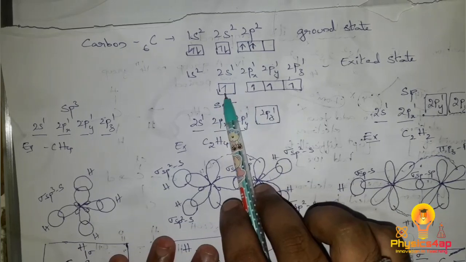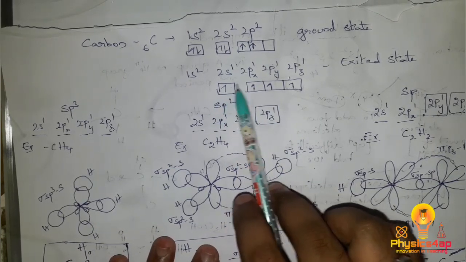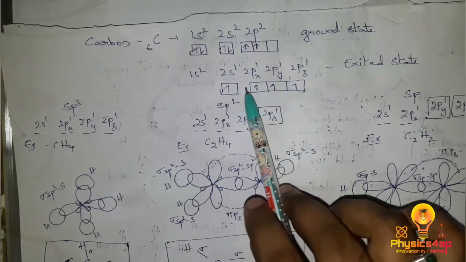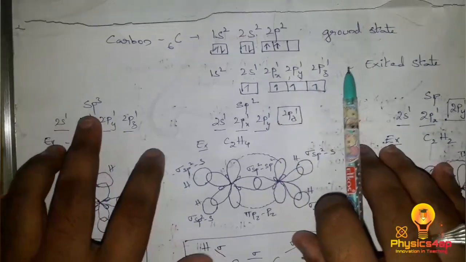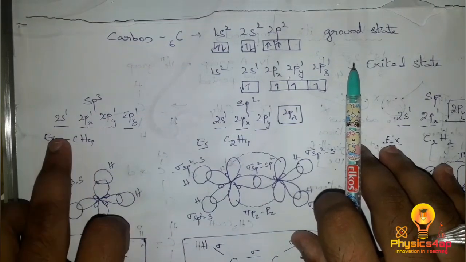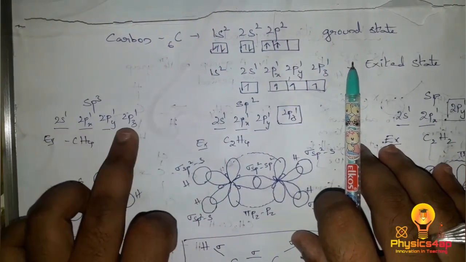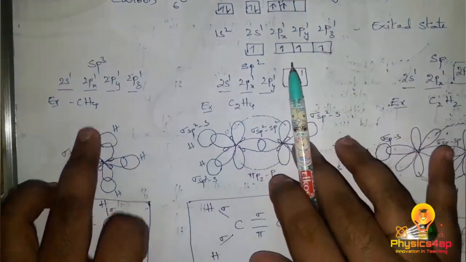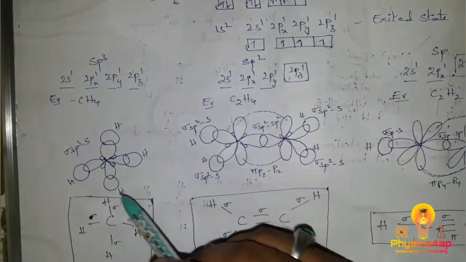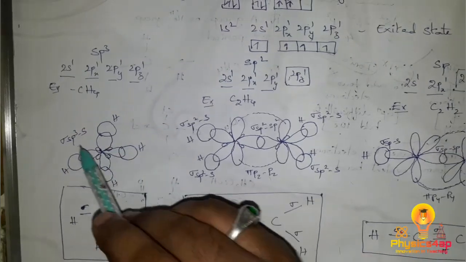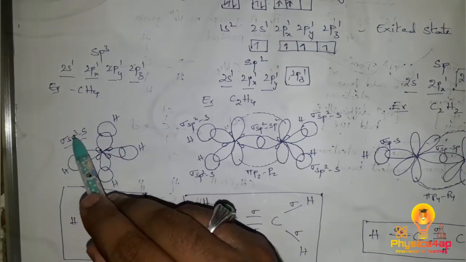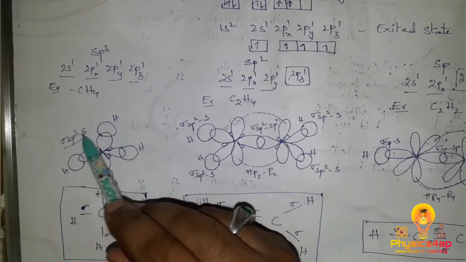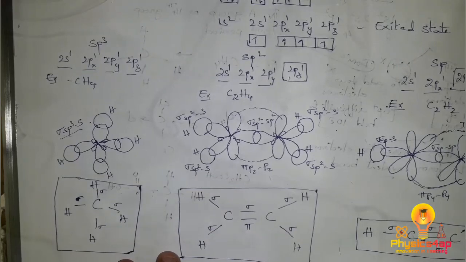Now when these 4, that is the 1s orbital and 3p orbitals, px, py, pz, intermix together, we get sp3 hybridization, and as 1s and 3p are involved, we get sp3 hybridization. An example is CH4, which we have discussed in our chemical bonding chapter. Here the bonds formed are sigma bonds. All are sigma bonds, the strong bonds. Sigma sp3-s bonds are being formed over here.